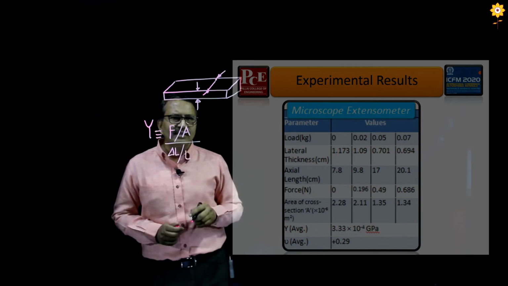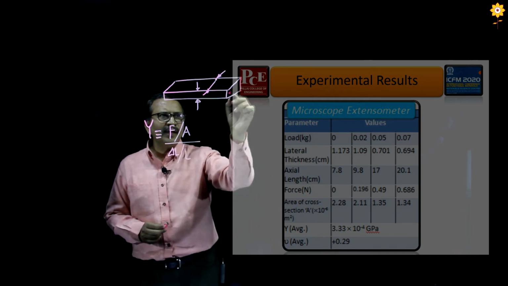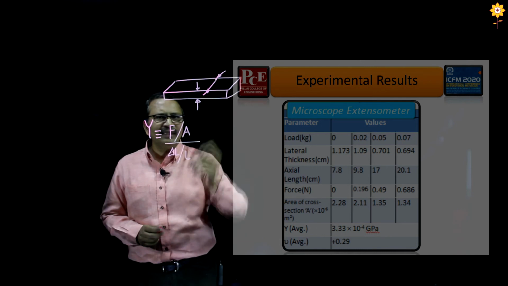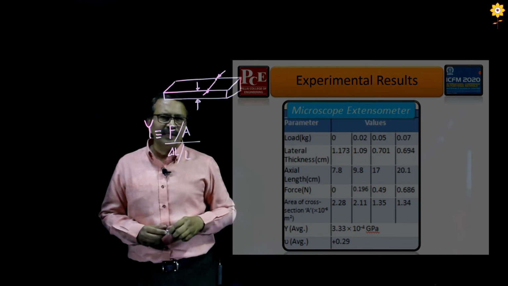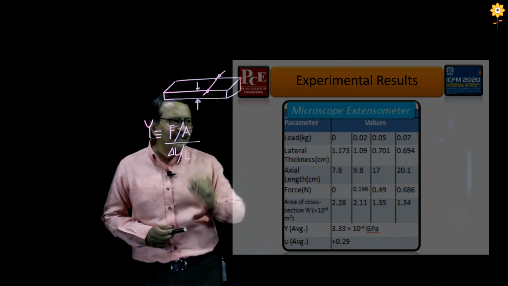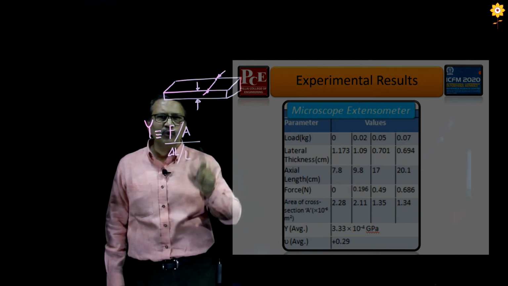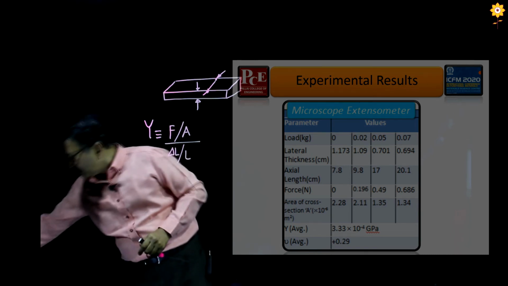Now in this case there was a catch, because in order to find the area of cross section, we do not know the thickness. So the thickness we took from our previous study with the optical interferometer method, and it is that particular value that we utilized here, which is the average of the two values. Let me go back to the previous slide.